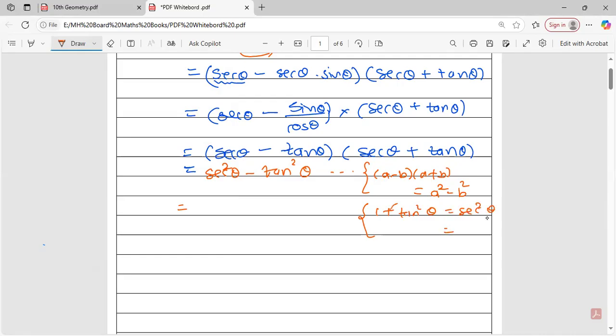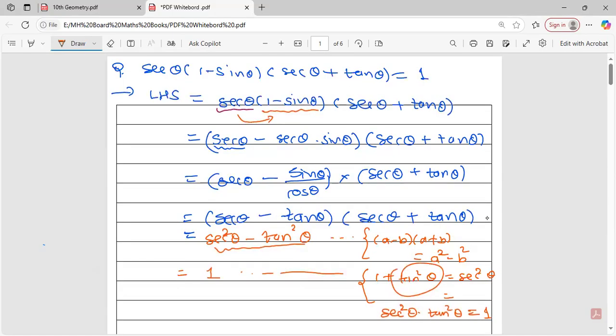And when you shift this tan square theta towards the right side, you will get sec square theta minus tan square theta equals 1. This is what is obtained here in this example, and it is equal to its left hand side, which is 1. So LHS equals this identity answer 1. Understood?